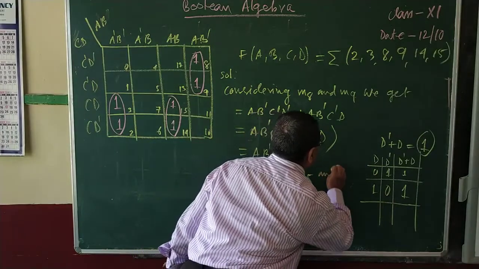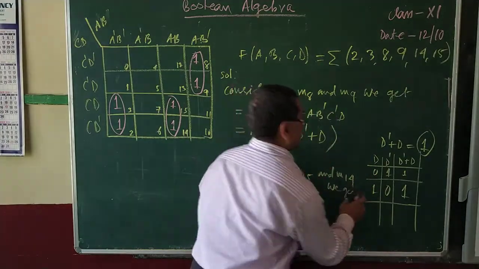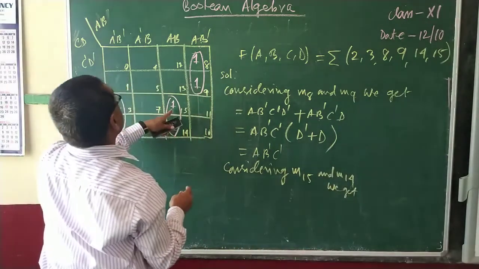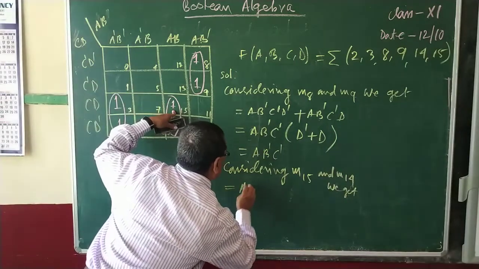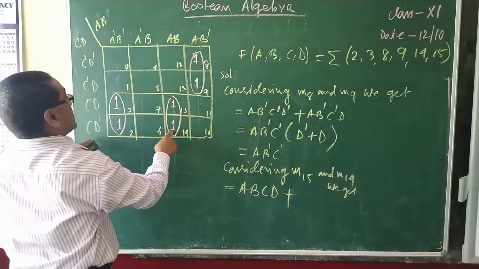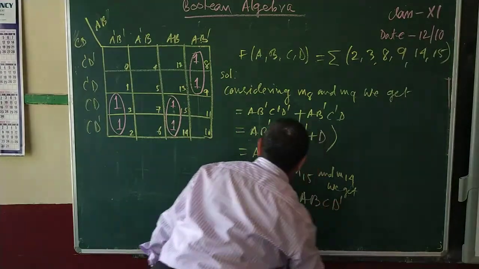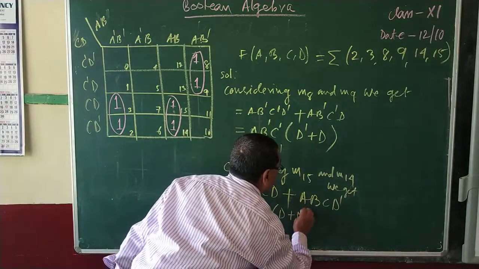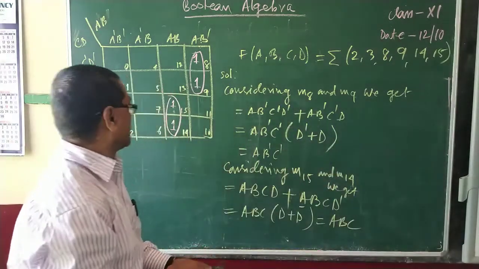What are we getting? For M14 and M15, we get A B C D plus A B C D complement. From here you take A B C common, and then D plus D complement equals 1. Then it is A B C. So this much, now we will go for one more.